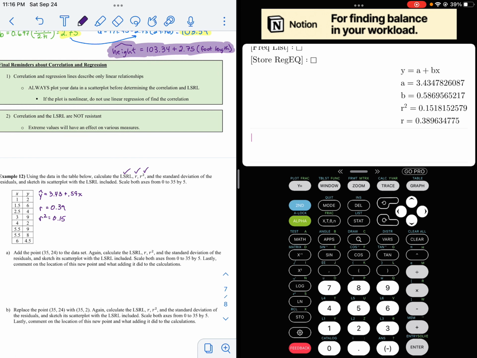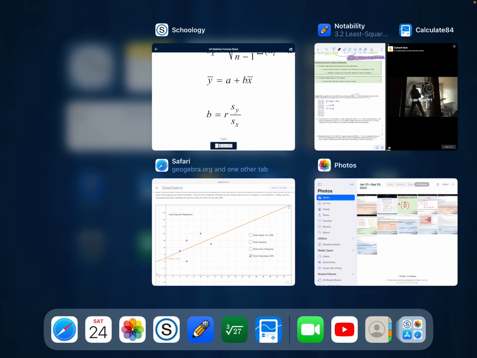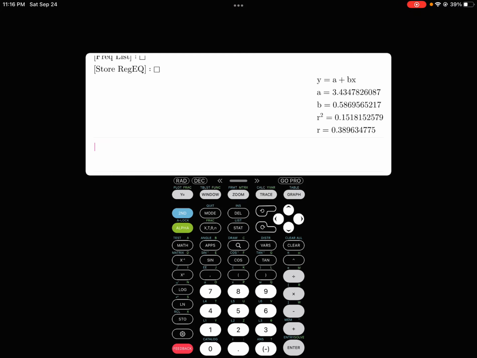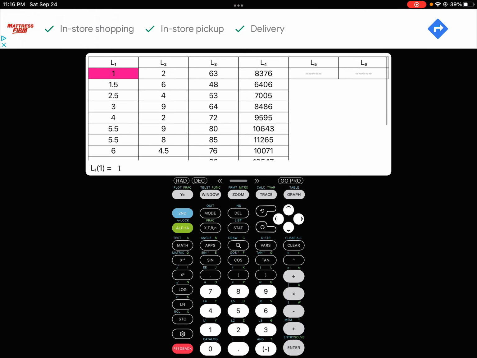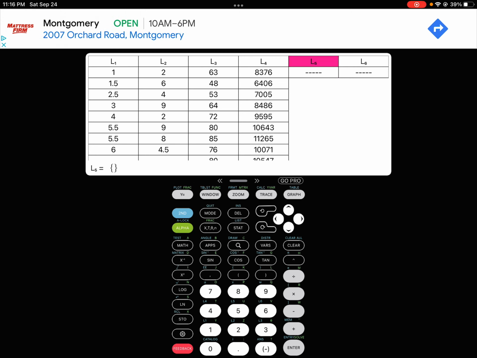And then my standard deviation of the residuals. So remember, in order to do that, now that I've calculated my least squares regression line, I'm going to go stat edit. Of course, there's going to be an error. So let's try this again. Stat edit. And I have data for L3 and L4 later, so I'm just going to jump over here to L5. I want L5 to equal my residuals. So second stat, option 7 is residuals.